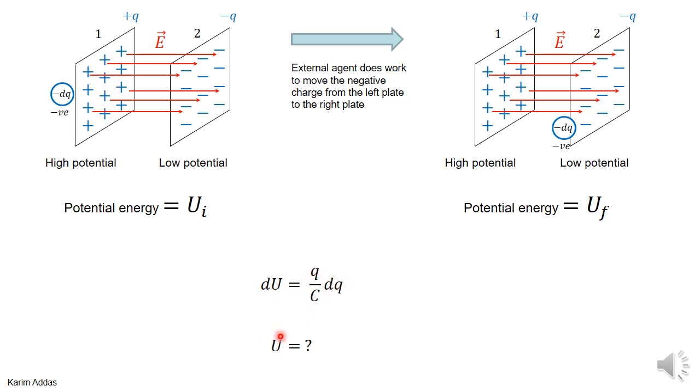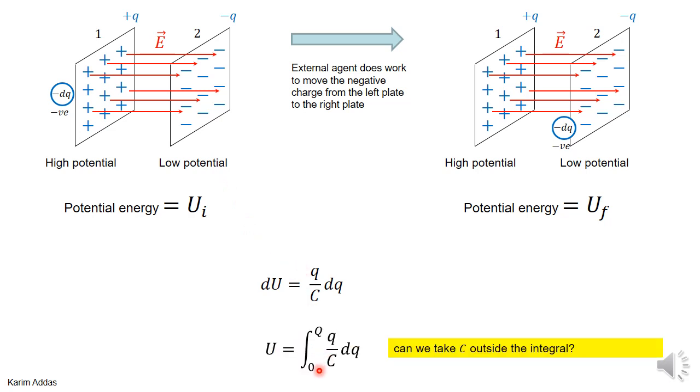So if I want the total energy stored in the capacitor, how could I get that? I'll integrate from 0, when the capacitor was completely uncharged, to the maximum value of the charge, big Q. Now this C, can we take the capacitance outside the integral?